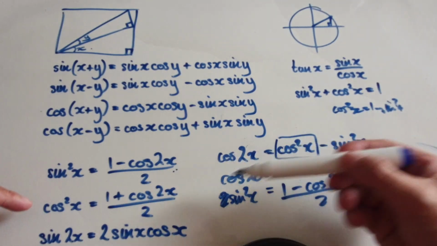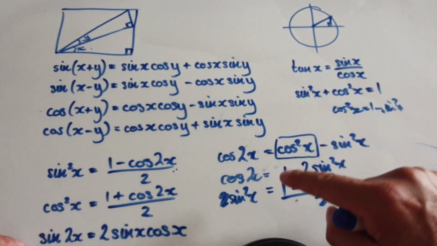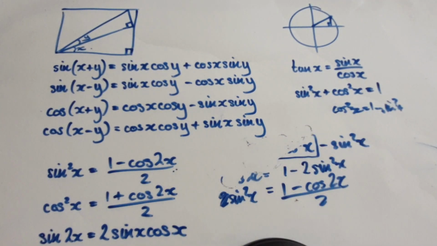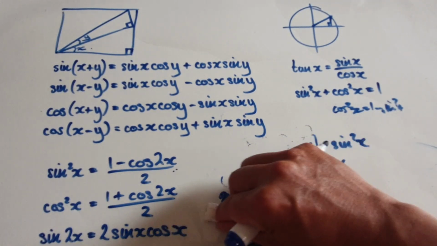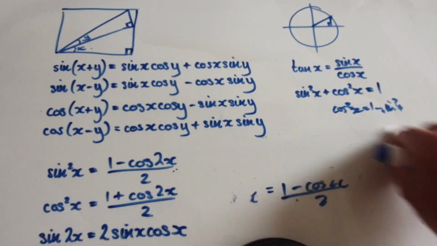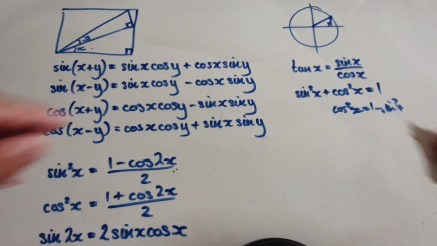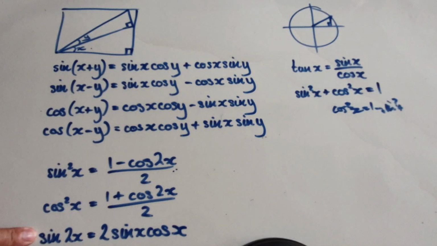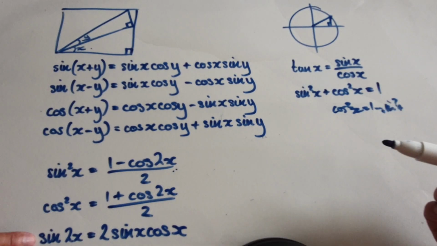And then you can use the same technique for cos squared. And then for the last one, you would consider this one here. So this would lead you to this. Let's try and understand where this comes from.